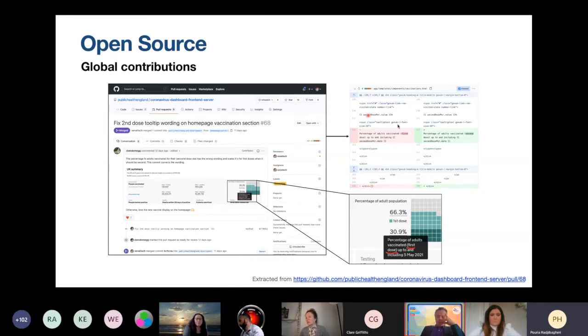So they went to our code, found where the problem is, changed it. You can see here, first to second. They submitted their changes. They created a pull request, submitted it. I was notified of the submission. I reviewed the submission, approved it. It was added and deployed to the service within hours, and the problem was solved.